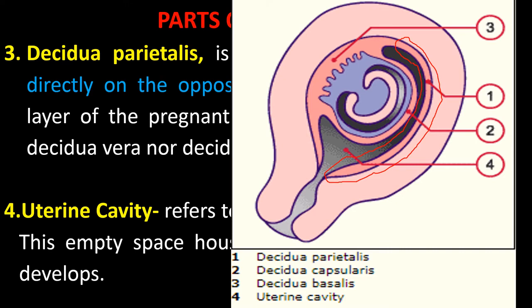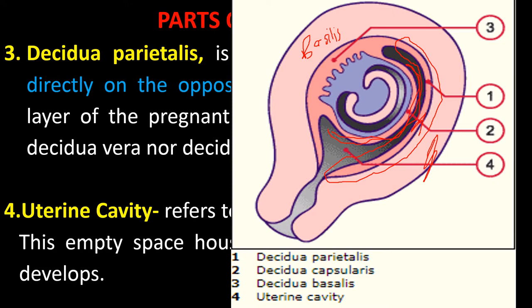So, where we see the decidua basalis, on the opposite side is the decidua parietalis, this part here. And number 4 is your uterine cavity, which refers to the space inside the womb of the mother, where the fetus will grow.